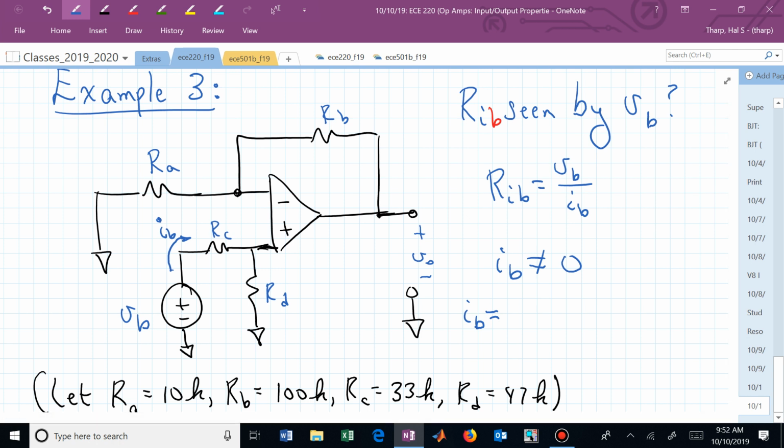Can you cover up all the circuit except the sub-circuit for the source and the 2 resistors it's connected to? And then that common node is really connected. You now just have one mesh. You can now find the current in that mesh. That current in the mesh is what I'm asking you to find, which is I sub B, and that's now V sub B over R sub C plus R sub D.